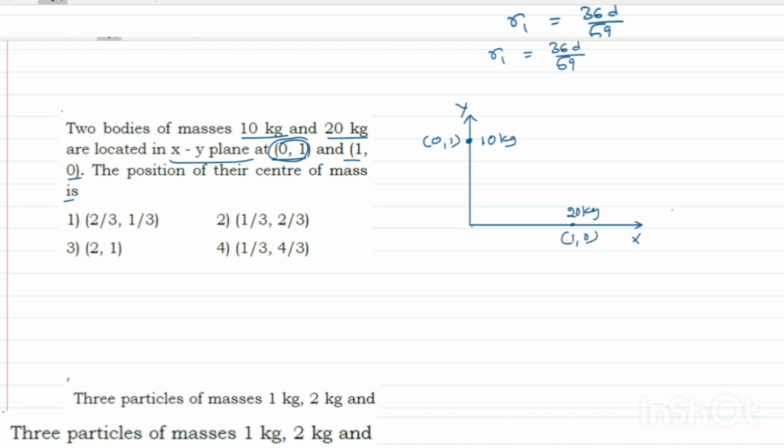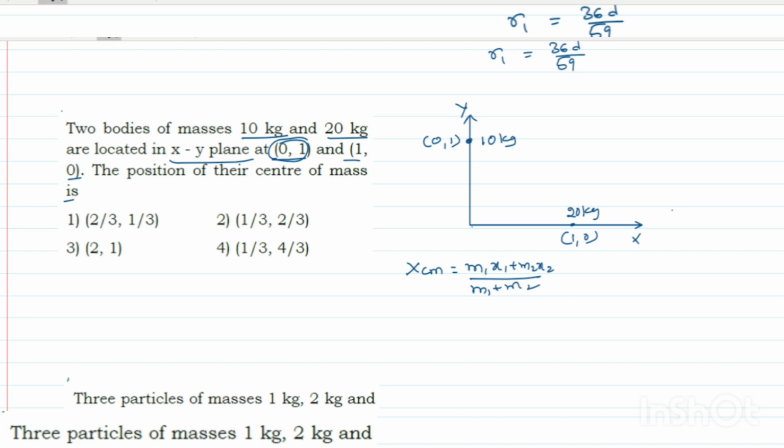Now we would like to calculate the position of their center of mass. For a two particle system lying in the plane, xcm equals m1 x1 plus m2 x2 by m1 plus m2.